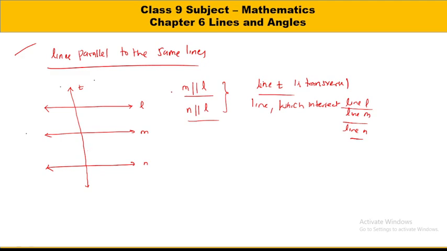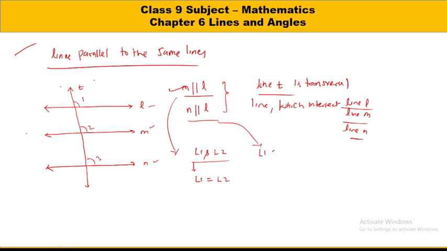So we see that line M is parallel to line L. Line M is parallel to line L means the corresponding angles, angle 1 and angle 2, are equal if these two lines are parallel. Now line N and line L are parallel to each other, so this is angle 3.